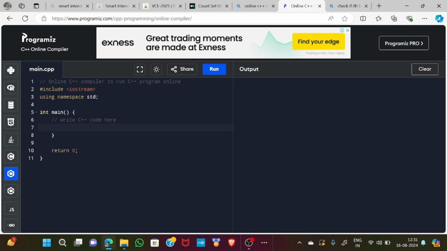What if the ith bit is set or not? Now let's take N equals to any random number, 18, and I equals to 3.